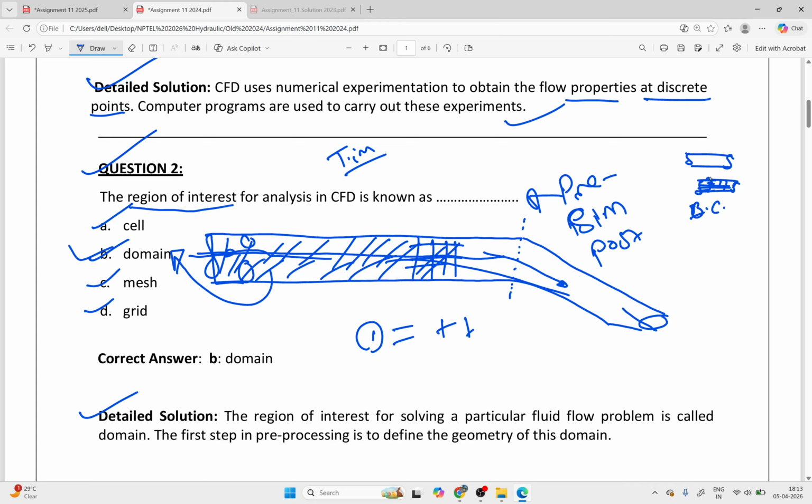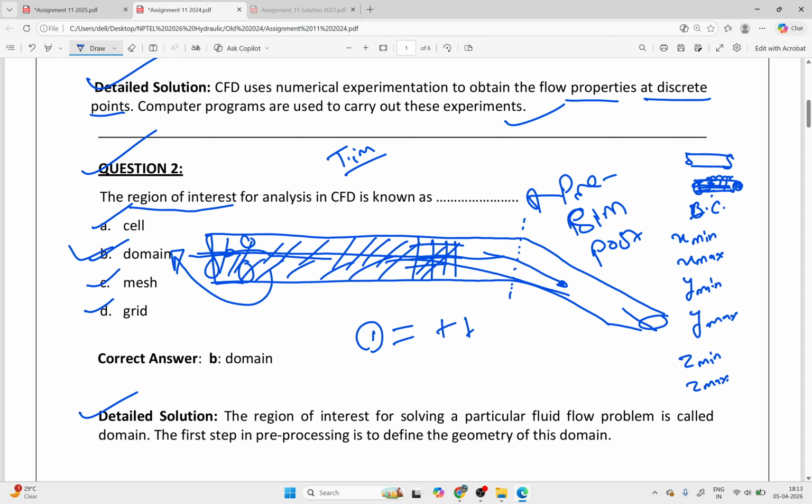What is the boundary? Whether it is the no slip condition, what the velocity is here, what the condition of the outlet is. What is the condition of z min, z max? So you have 6 boundaries for 3D problems: x min, x max, y min, y max, z min, z max.